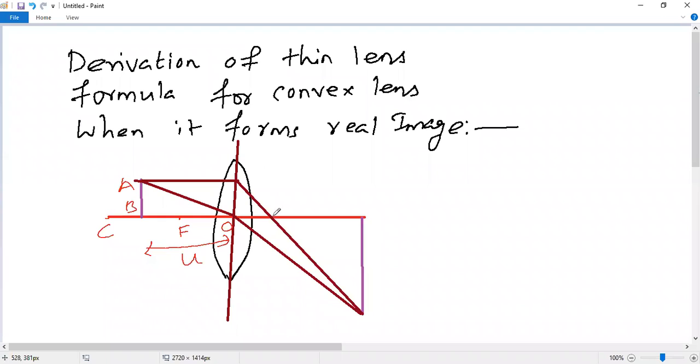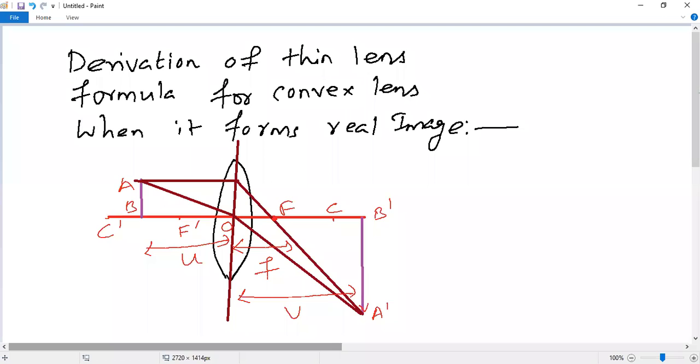This is the focus, and this is 2F2, you can also write. F dash, this is C, B dash, A dash, the real and inverted image position. V is the image distance, and F is the focal length.